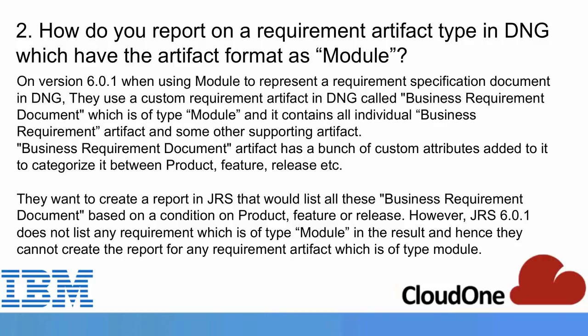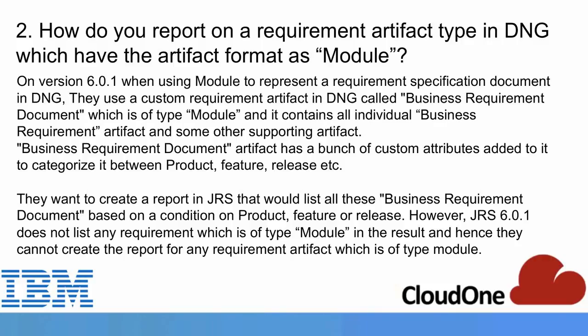Basically, they're using in 6.0.1 a module to represent the requirement specification document in DNG. They're using a custom requirement artifact in DNG called business requirements document, which is a type module. It contains all individual business requirements artifacts and some other supporting artifacts.